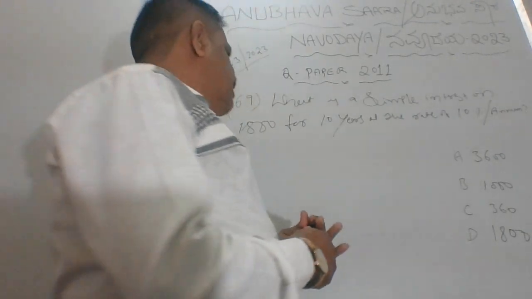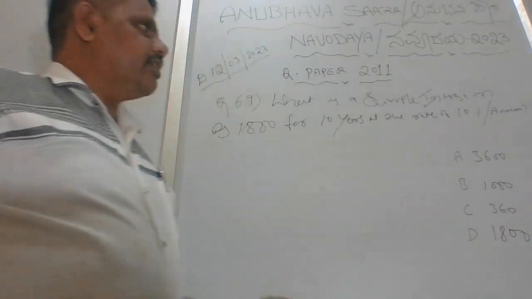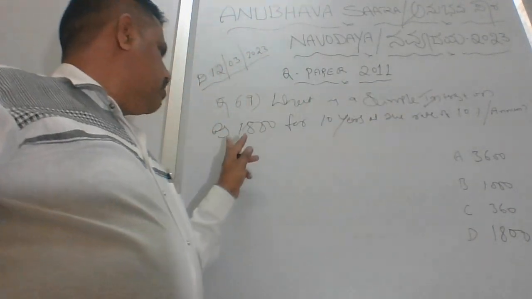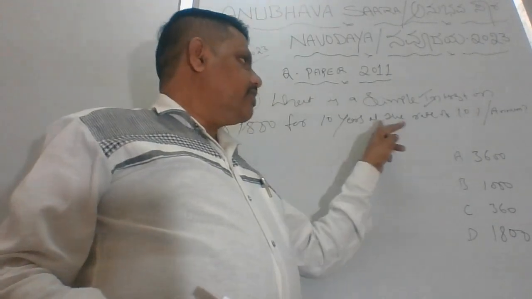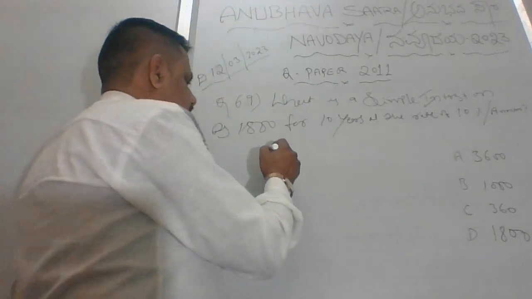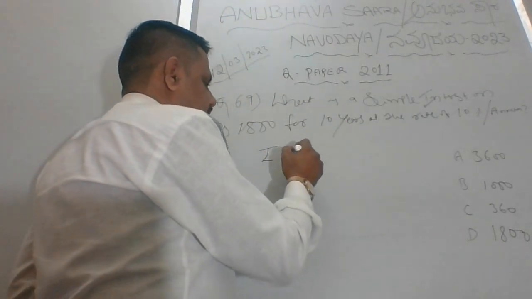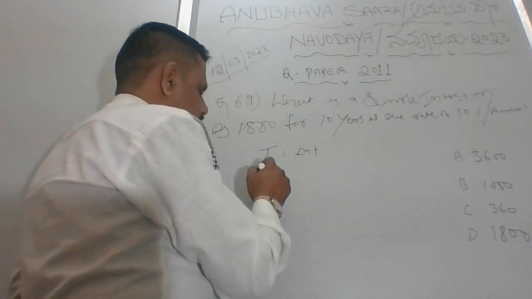Simple interest. I'll make it bigger. Simple interest on rupees 1800 for 10 years at the rate of 10%. Okay, what is there here? Simple interest. So what is the amount?